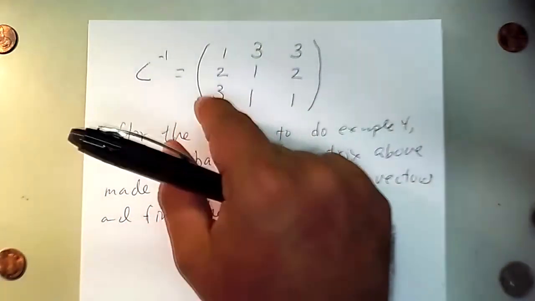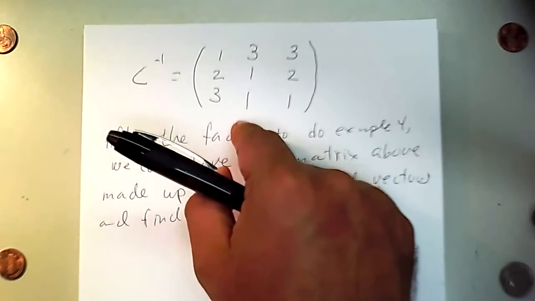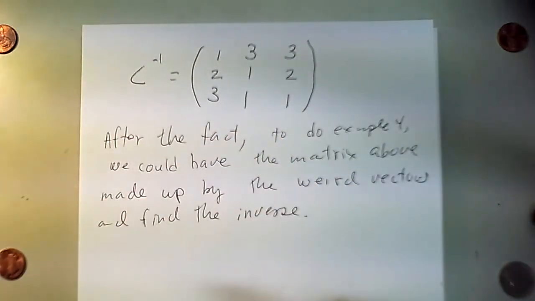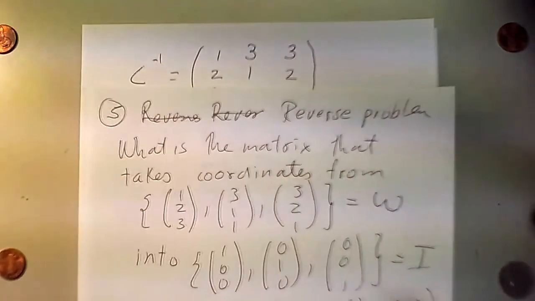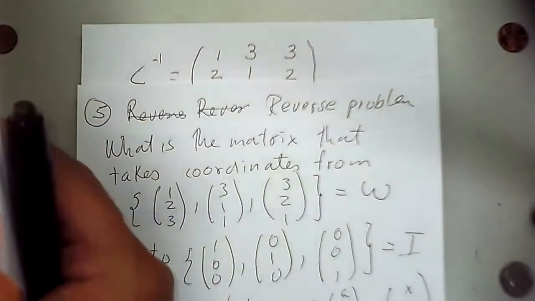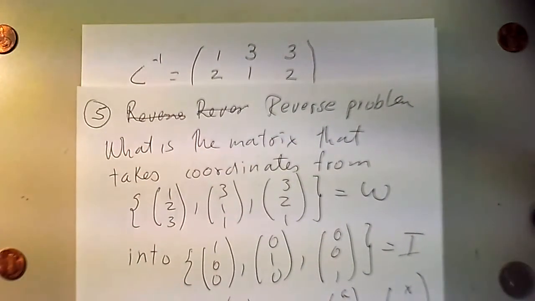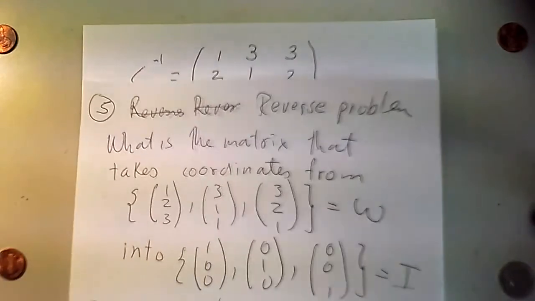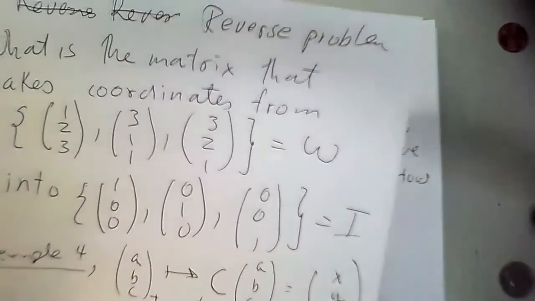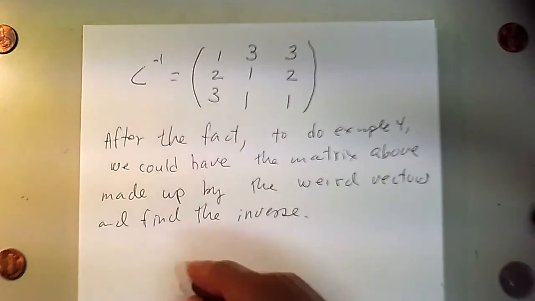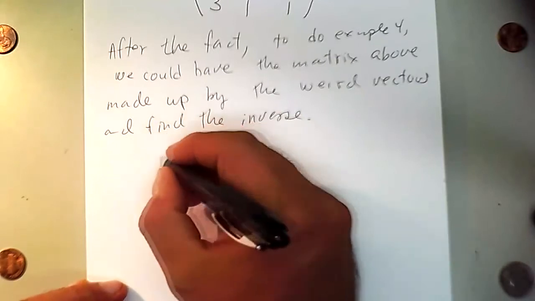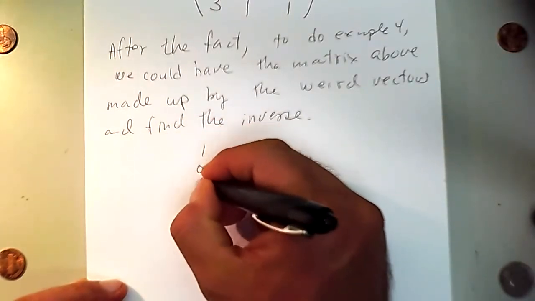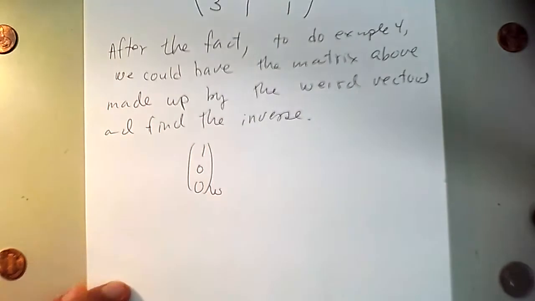So this is the matrix that goes from the weird. Let me double check, this is example 5. Example 5 is about going from the weird to the standard basis. For instance, let's make sure we understand this. What is 1, 0, 0 in weird coordinates?